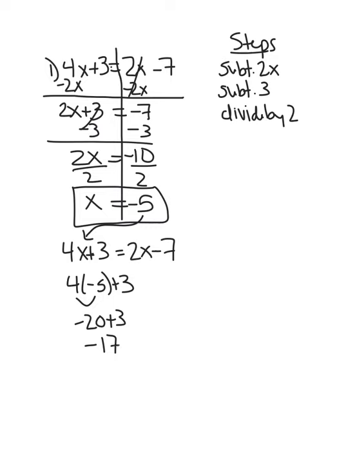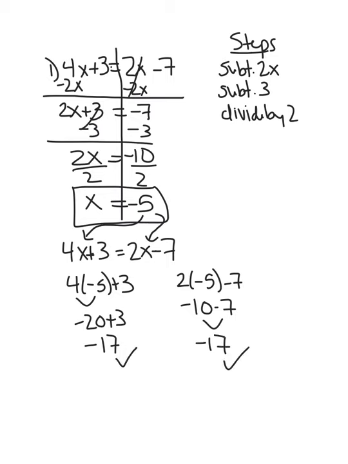So there's my check on the left-hand side. Then I'm going to take that negative 5 and I'm going to also now plug it into the right-hand side. So I have 2 times negative 5 minus 7, which is negative 10 minus 7, which is negative 17. These numbers should be the same.